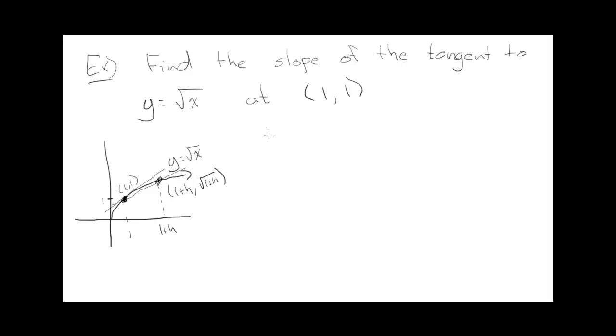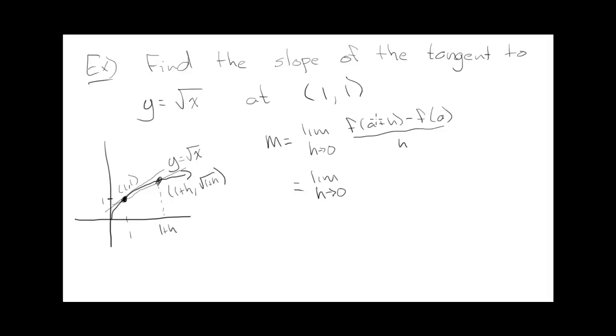The coordinates of this point would be 1 plus h, square root of 1 plus h. And we're going to use the new formula. So limit as h goes to 0 of f at A plus h minus f at A all over h, which in this case would be limit as h goes to 0 of f at A plus h.